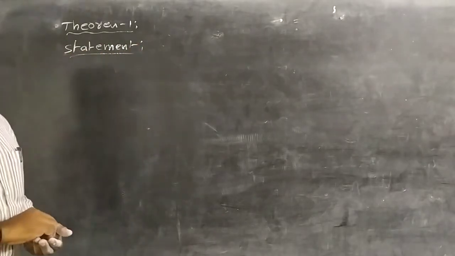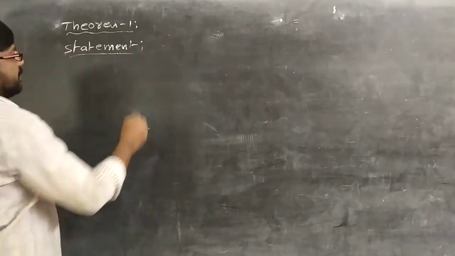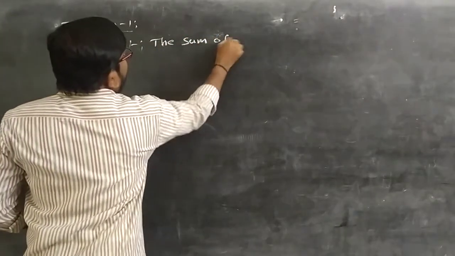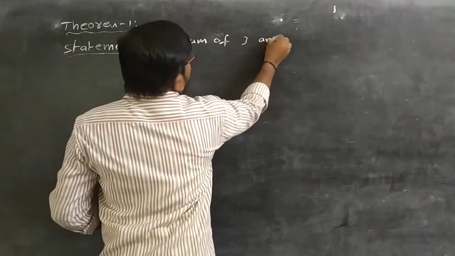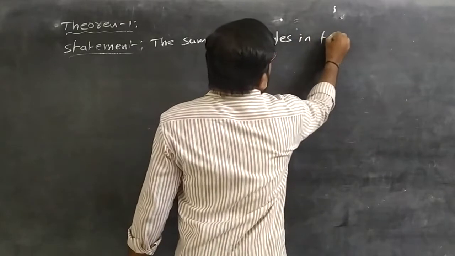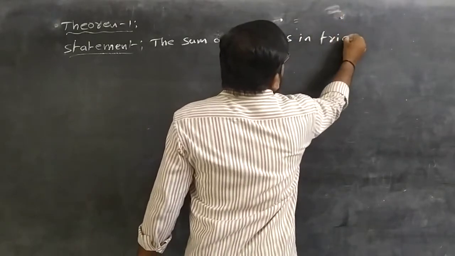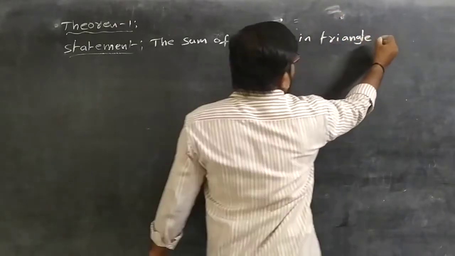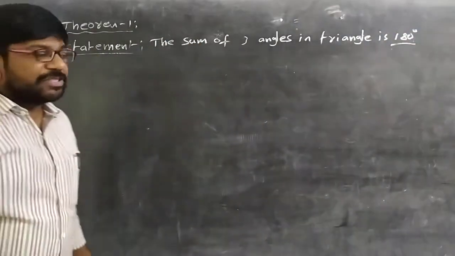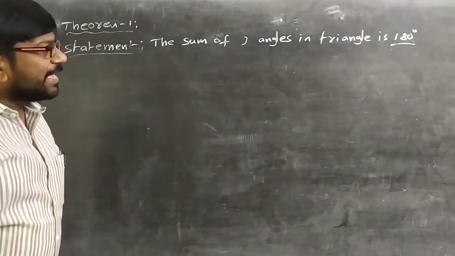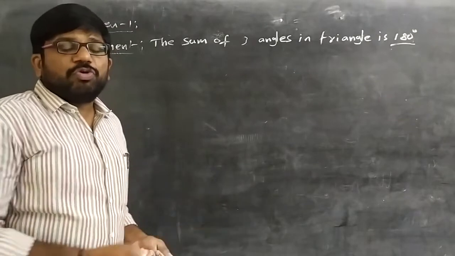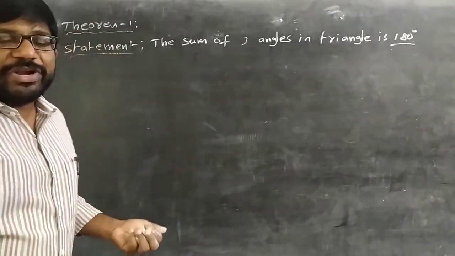The sum of three angles in a triangle is 180 degrees. So how to prove this? We can prove this statement, so it is called a theorem.